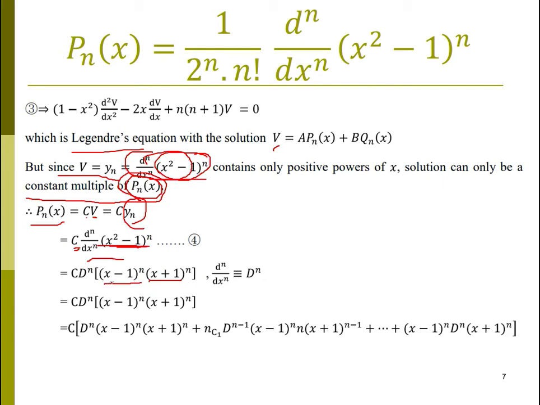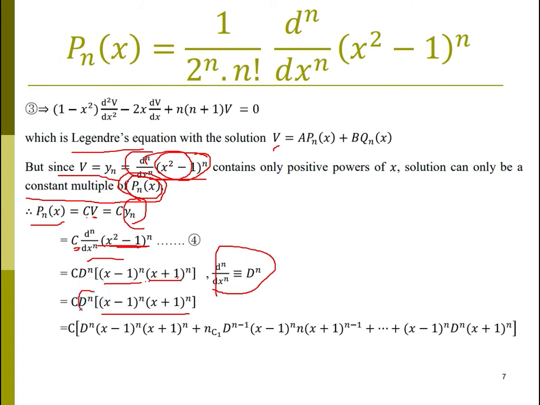So we can write (x − 1)ⁿ into (x + 1)ⁿ, and we can write dⁿ/dxⁿ as identically dⁿ. So C into dⁿ of this.